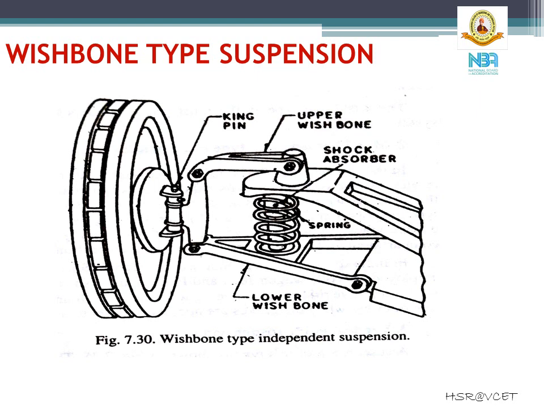This helps to keep the wheel track constant, thereby avoiding the tire scrub, minimizing the tire wear. However, a small change in the camber angle does occur with such an arrangement. The wishbone type is the most popular independent suspension system.